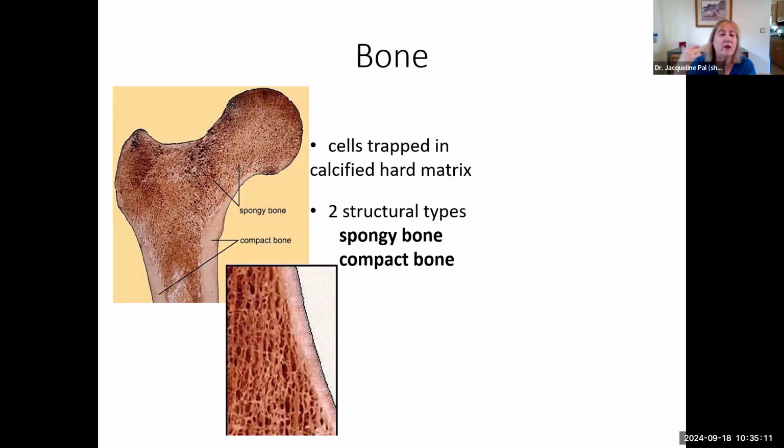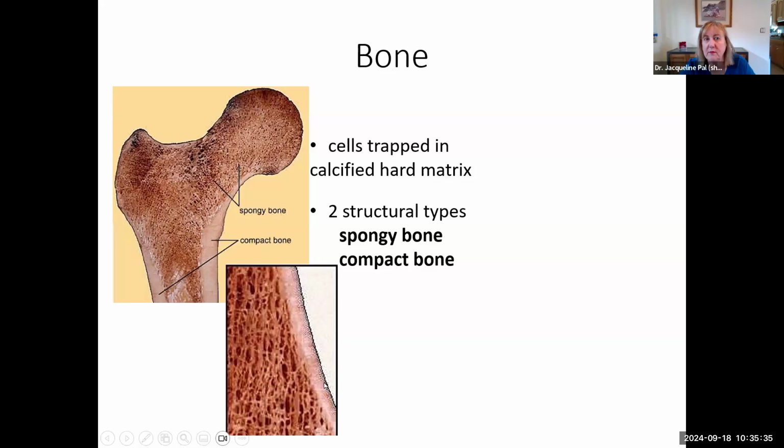Okay. And when we look at bone, you can see that there are areas that look very solid, and then there are areas that look like your kitchen sponge, especially if we look at it in a higher power. We call these two structural types spongy bone here in the middle, and at the edges we call compact bone.